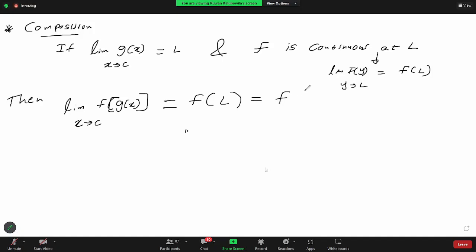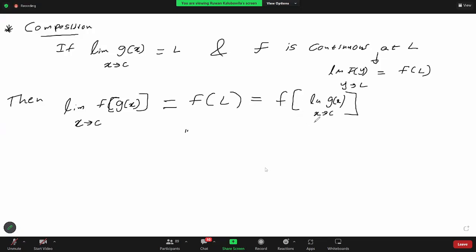What is that? f(L) means, again, L is equal to this part: the limit of g(x) when x approaches c.